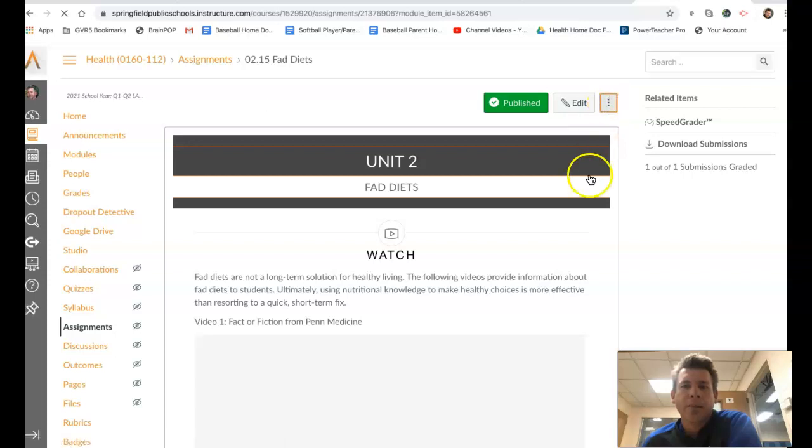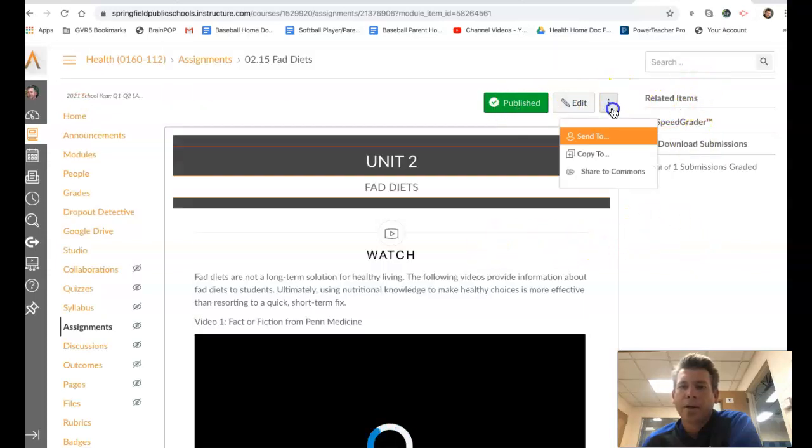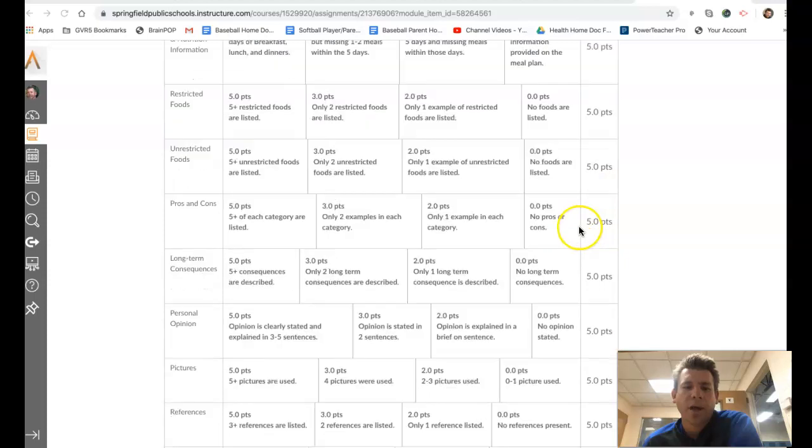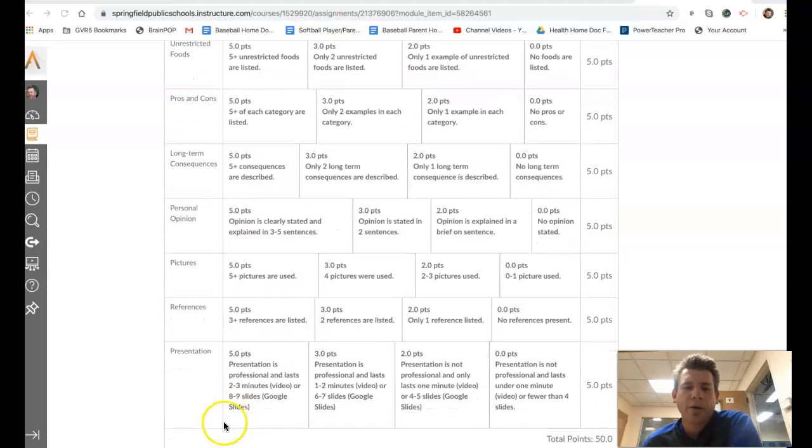If you click on that, I'm pretty sure there's a place where you can view the rubric. Oh, maybe not. So I was wrong. Come in here in modules 2.15, and you scroll all the way down to the bottom. It actually lists how you're going to be graded.